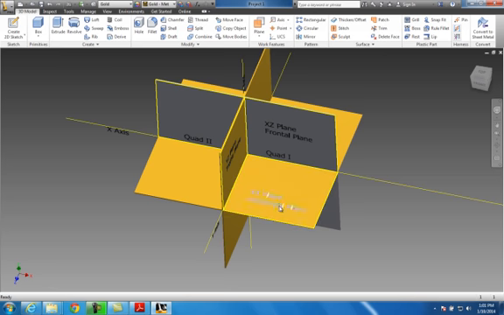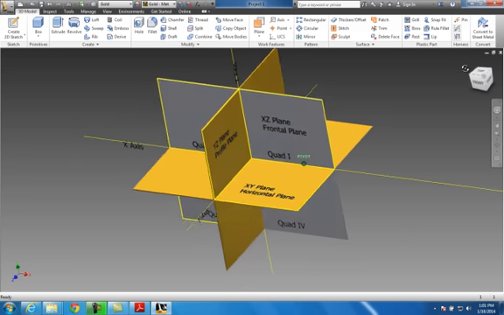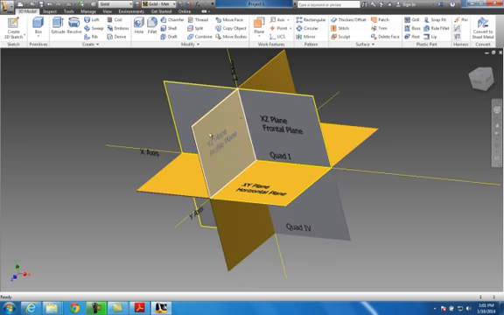That is my XY plane, and is typically my horizontal plane. I'll look up here, and on this side it's my YZ plane, and it's my profile plane. This plane that I'm clicking on here is my XZ plane. It's my frontal plane. So there's three planes: frontal, profile, and horizontal.